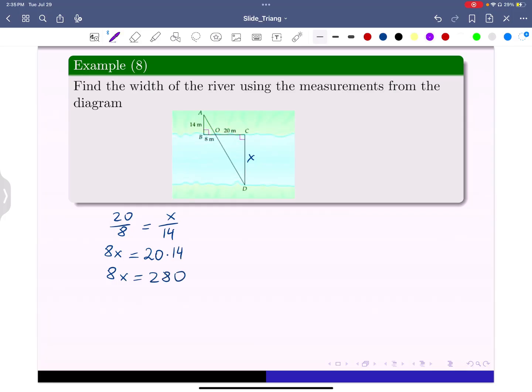Then we divide by 8, so x is equal to 35. And the unit is meter. So the river is 35 meters wide.